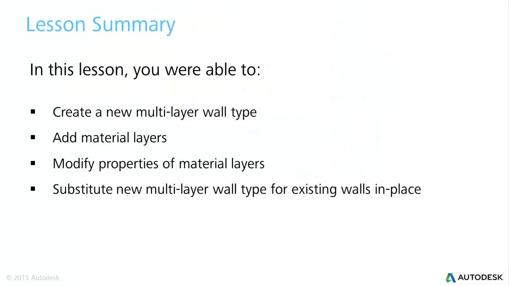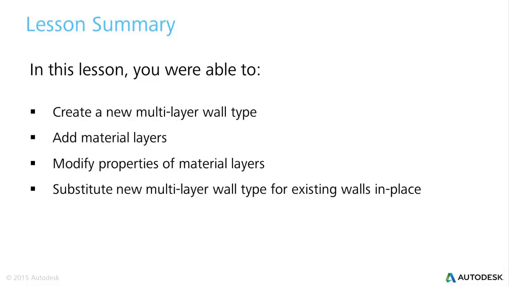Let's review the learning objectives for video 6. In this lesson, you were able to create a new wall type by selecting an existing one on screen and then using the type selector to edit the type and then duplicate it and give it a new name.